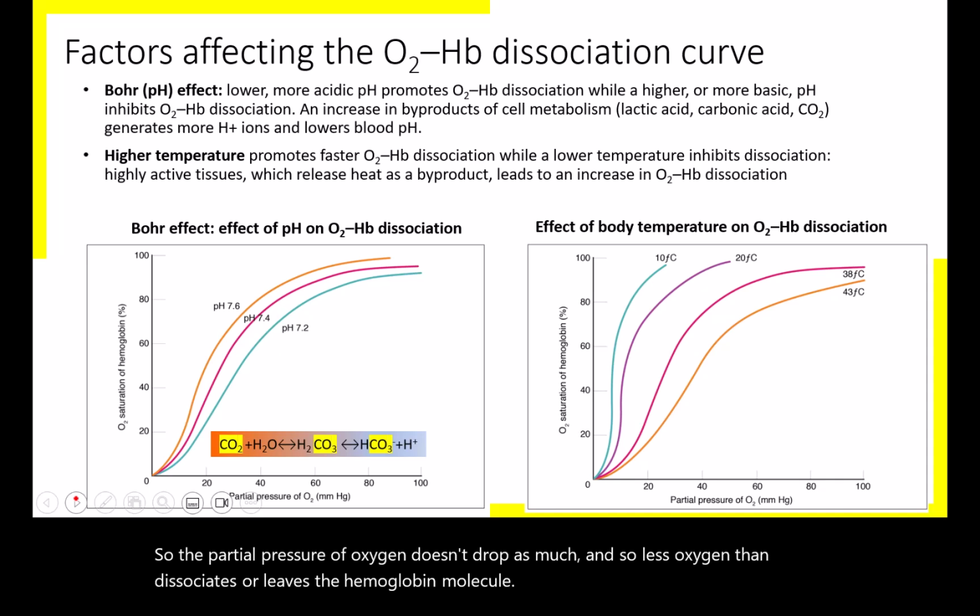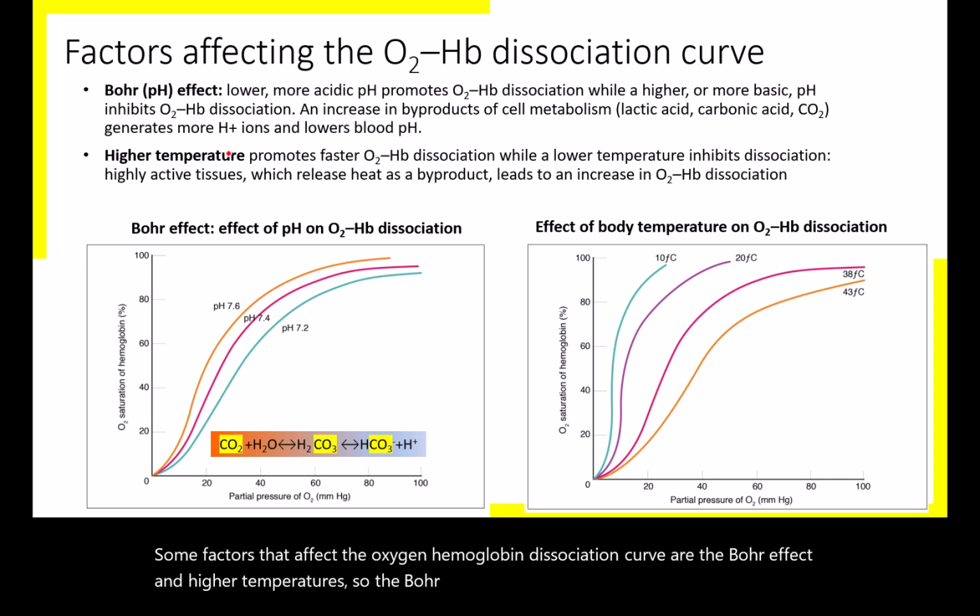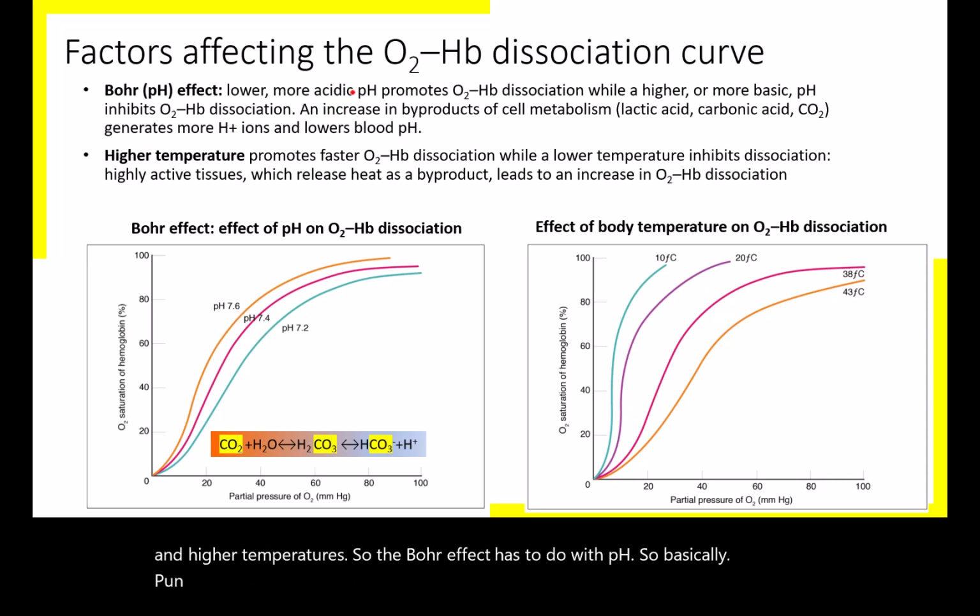Some factors that affect the oxygen-hemoglobin dissociation curve are the Bohr effect and higher temperatures. The Bohr effect has to do with pH. Basically, pun intended, if the blood is more acidic, with a lower pH, it causes oxygen to dissociate more easily from hemoglobin.